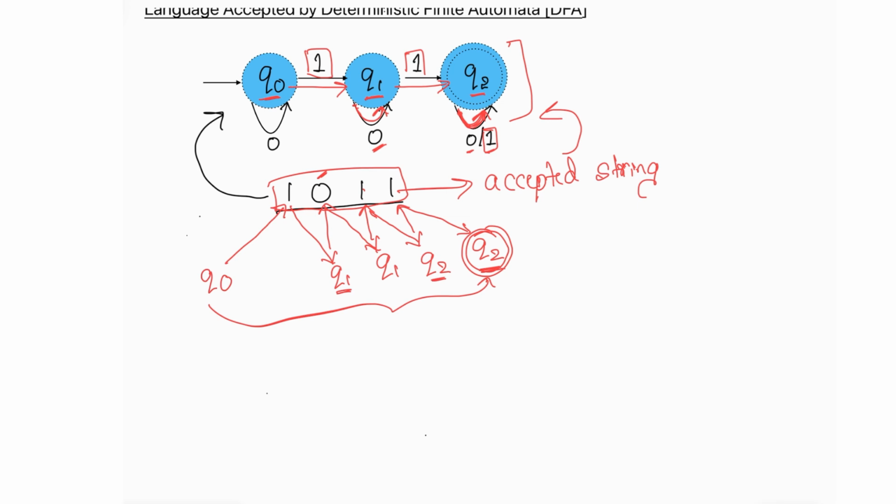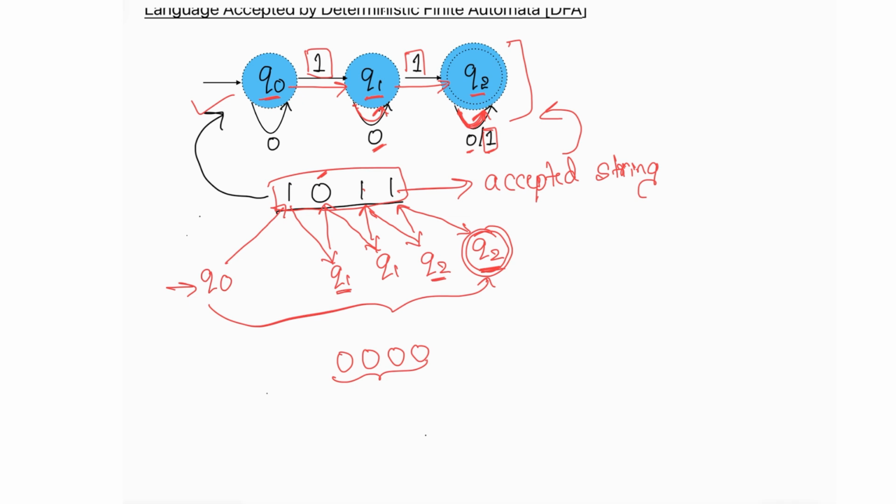Say, for example, if I go with only the string 0, 0, 0, 0, with four symbols to be passed for this same DFA. Again, from where will the machine start?